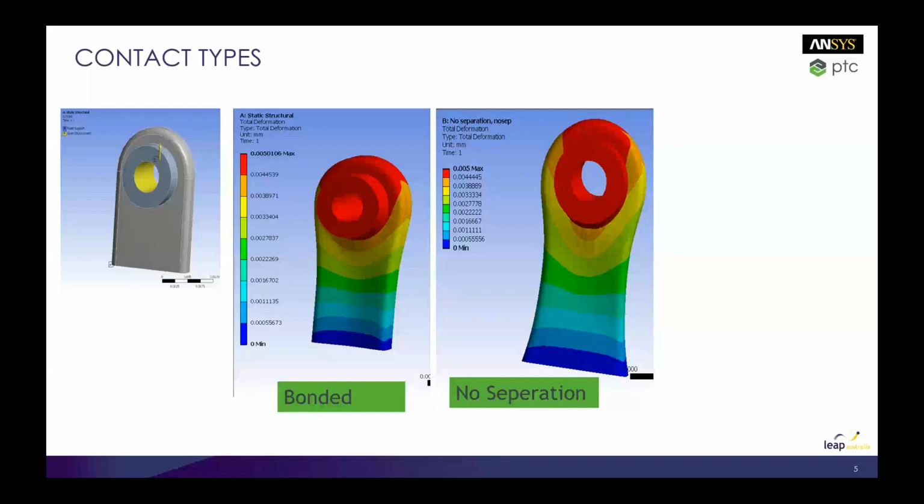With a bonded contact, as we pull up on the pin, the bottom part here of the hole follows the pin. With no separation contact, the same thing happens, but around the sides, you can see that it's hard to see, but there's a bit of sliding going on.